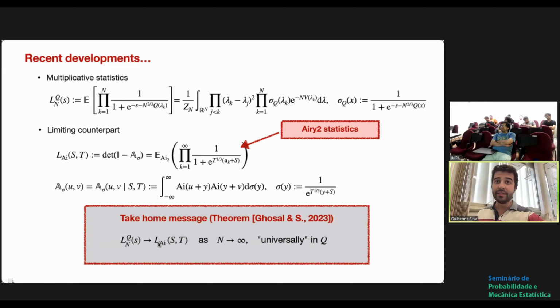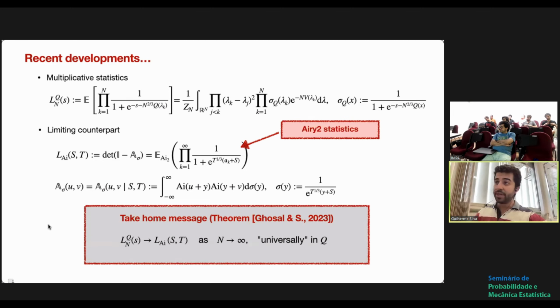And second, this right-hand side is a multiplicative statistics of a very particular point process, which is the Airy 2-point process. So this theorem is just saying that an appropriate scaling of multiplicative statistics of eigenvalues converges to multiplicative statistics of the Airy 2-point process.